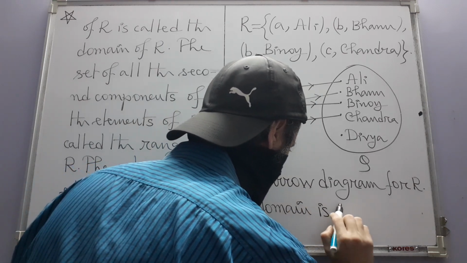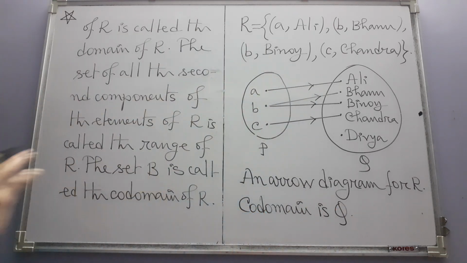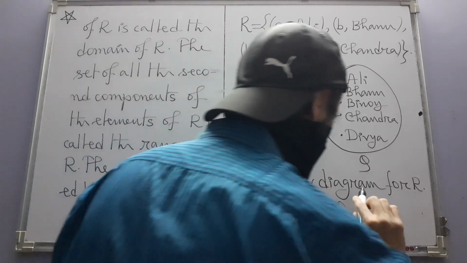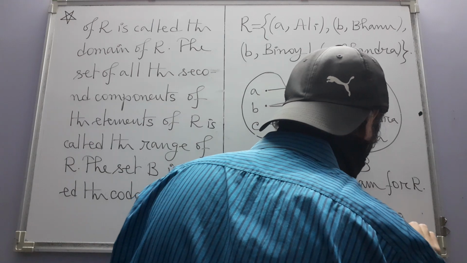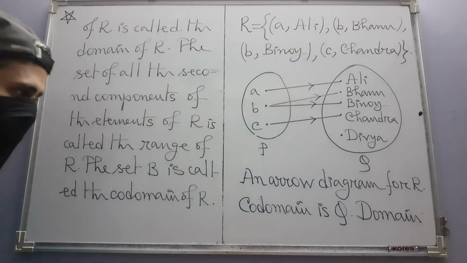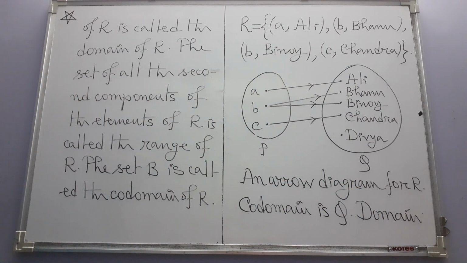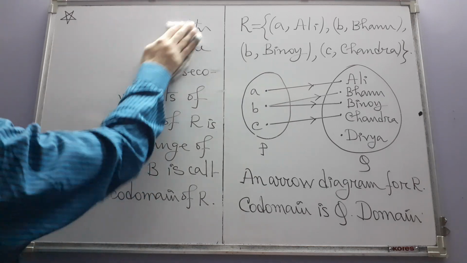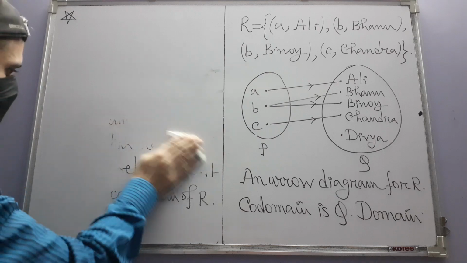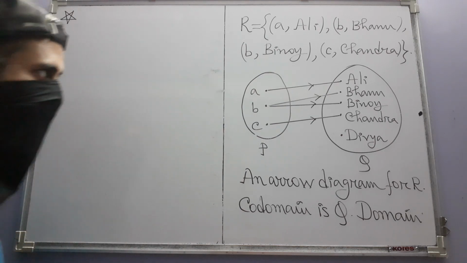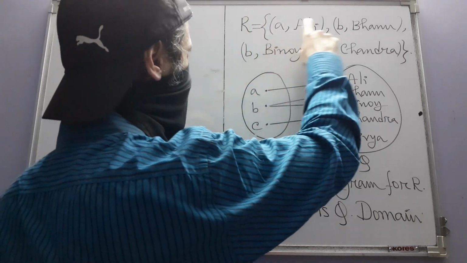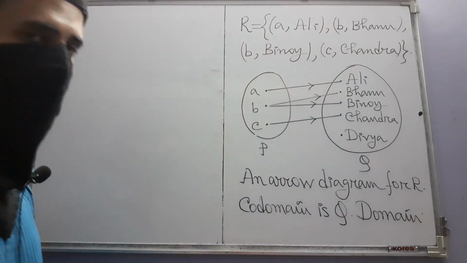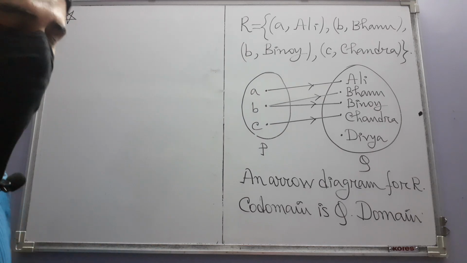Alright, so for this relation, we can immediately say one thing, that the codomain is simply Q because codomain is the second set. What about the domain? Domain is the set of the first coordinates of the elements in R. That is A, B, and C. There is no point considering B twice because it's going to be a set after all.